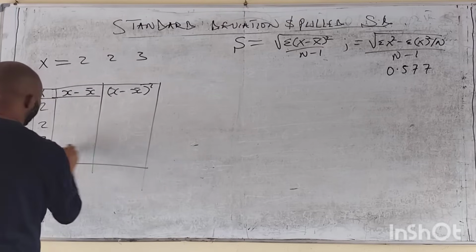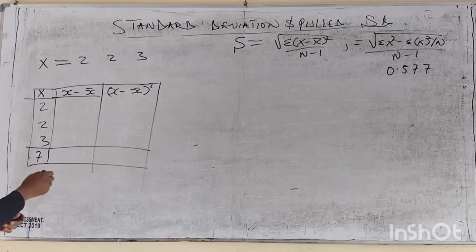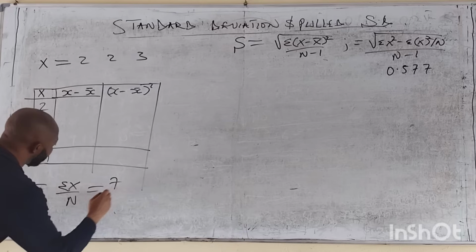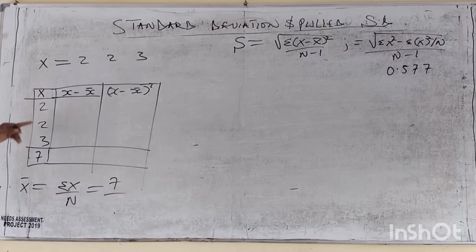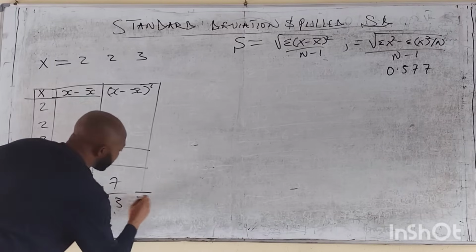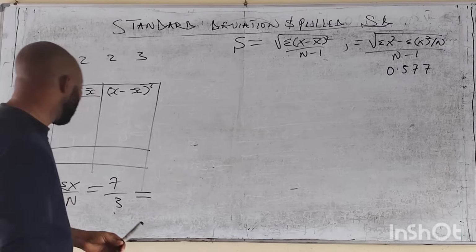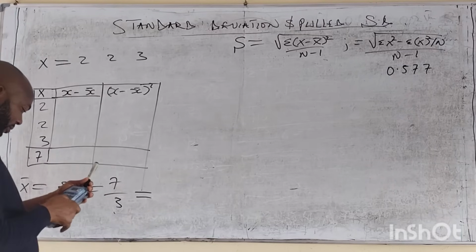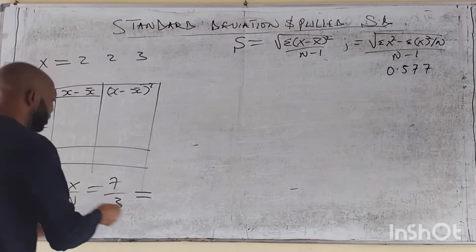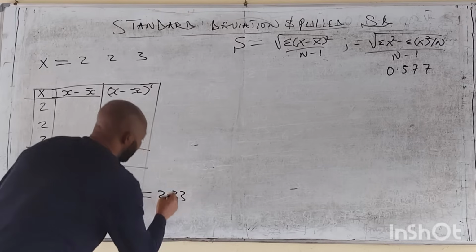Now the mean x bar is equal to the summation of x over n, which is 7 over 3. The total summation is 7, and the number of degrees of freedom is 3, so 7 divided by 3 is 2.33. So this is our mean.